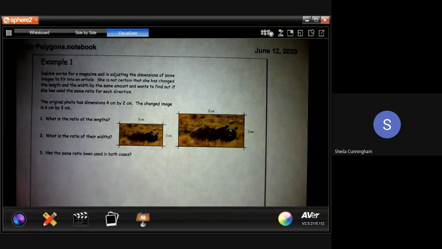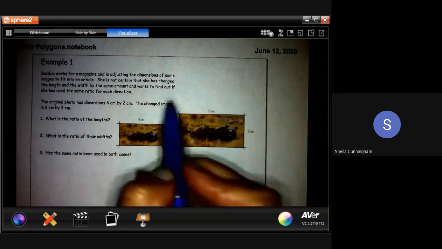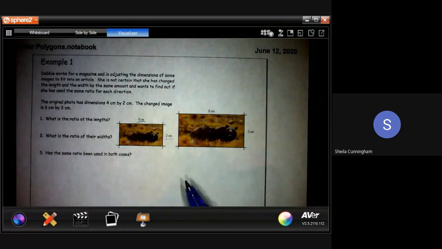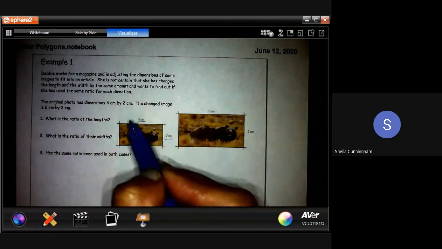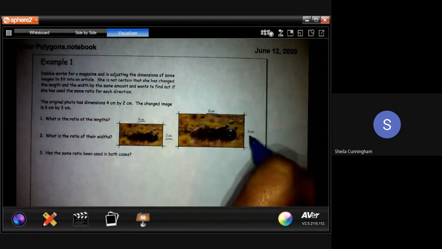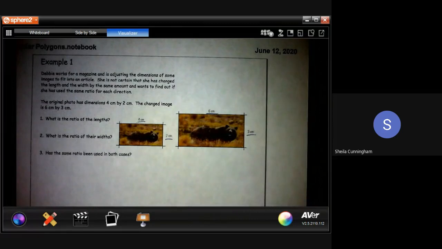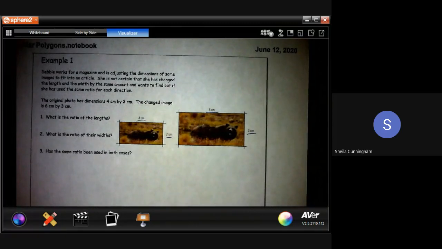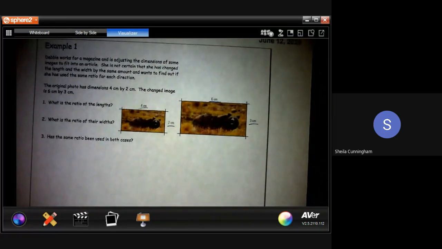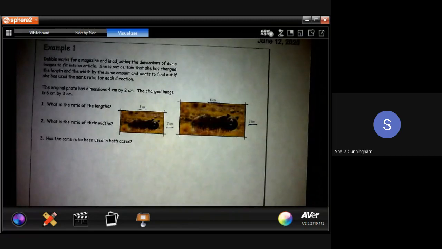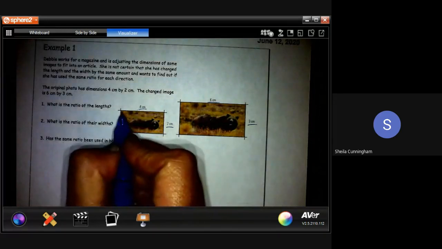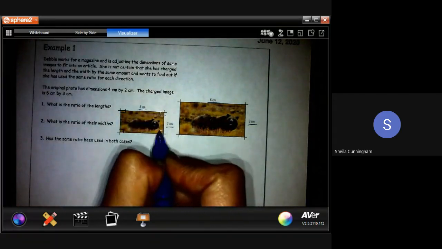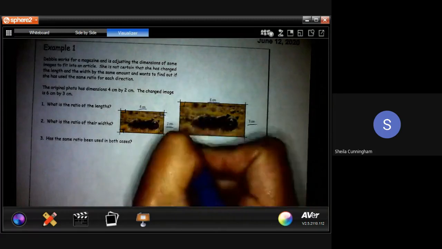So the original photo has dimensions of 4 centimeters by 2 centimeters. And the changed image changed it from 6 centimeters to 3 centimeters. So what we want to identify now is, if we want to make sure that these are similar polygons, we want to make sure that all the angles are the same, that they're congruent.